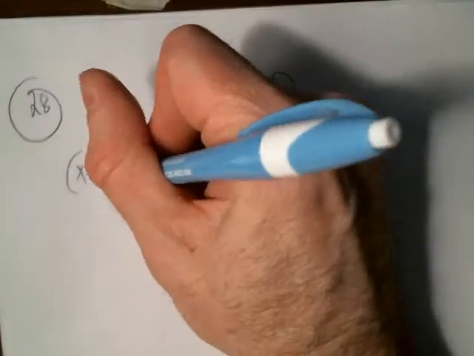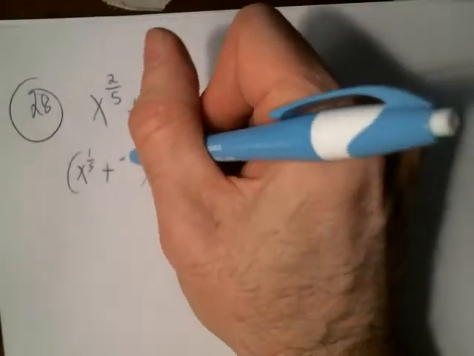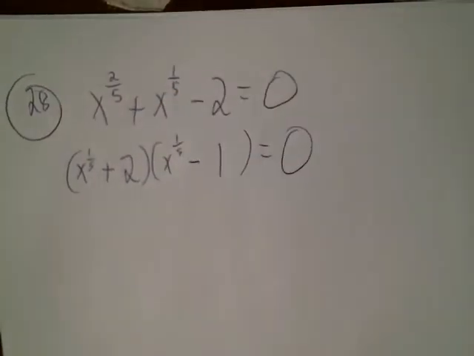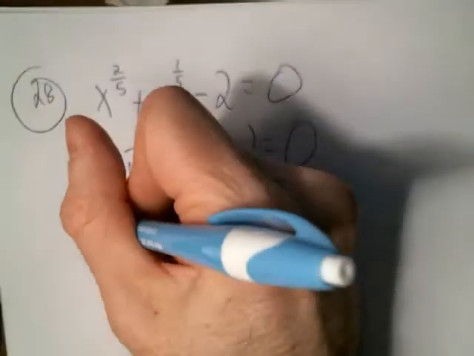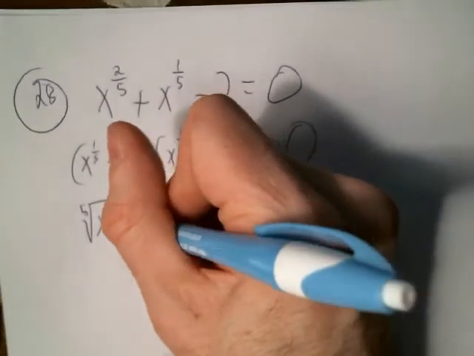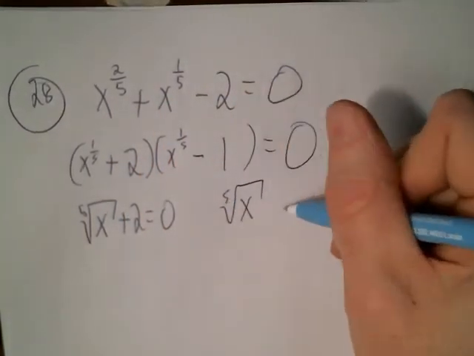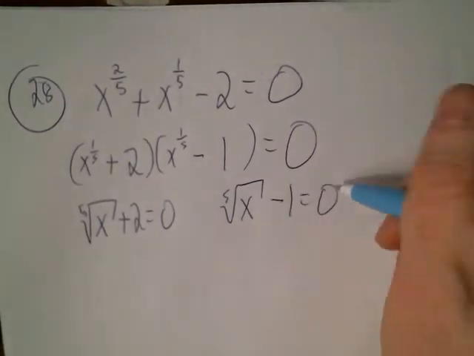Okay, so the signs have to be plus minus, and then we need the bigger number to be 2. Here we have a 5th root. x to the 1/5 is the 5th root of x, plus 2 is 0. And then again over here, the 5th root of x minus 1 is 0.